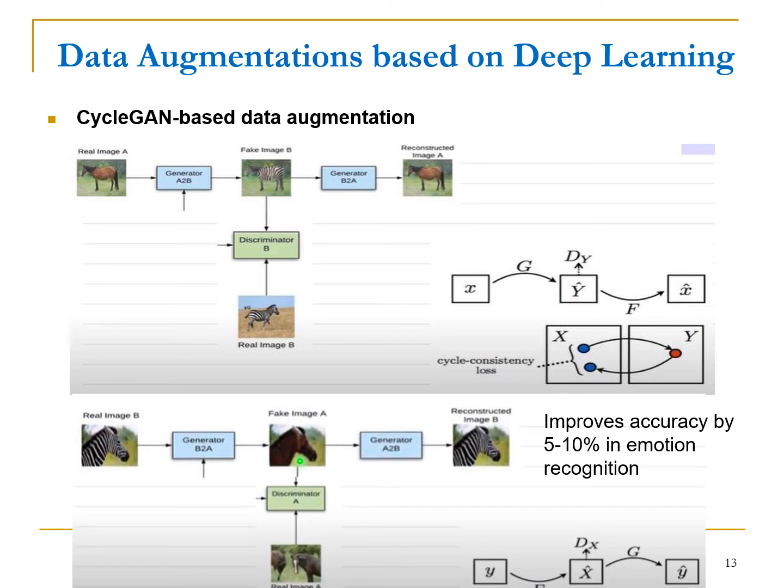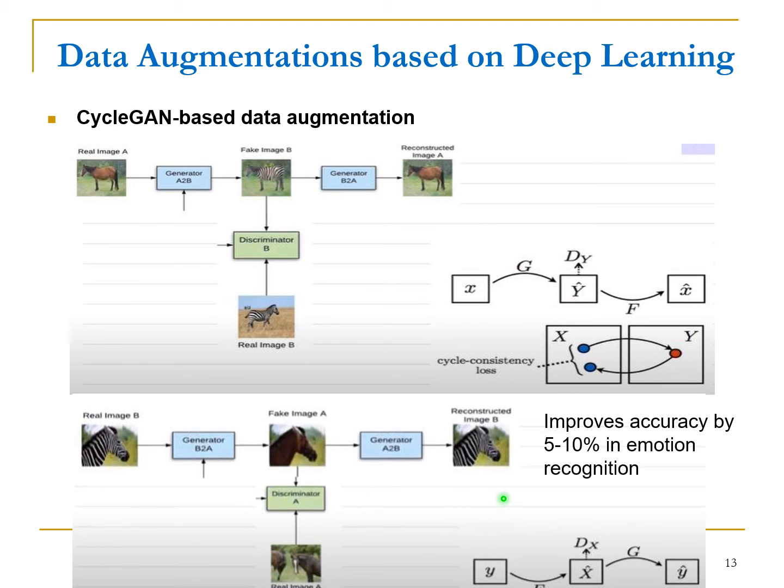And the generator of the first GAN, that is generator G, will reconvert this fake horse into a zebra. And there will be another cycle consistency loss here, which I have not shown. This cycle consistency loss will be based on the difference between the real zebra and the reconstructed zebra.